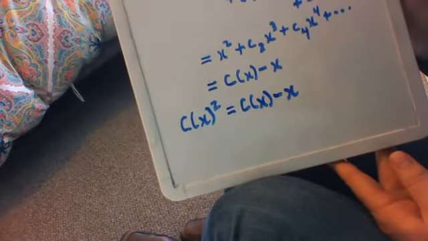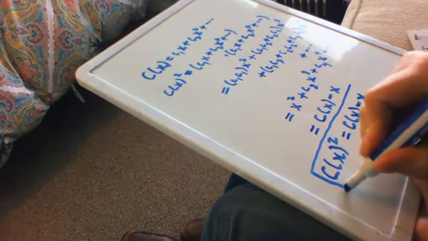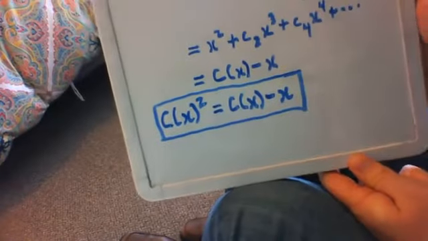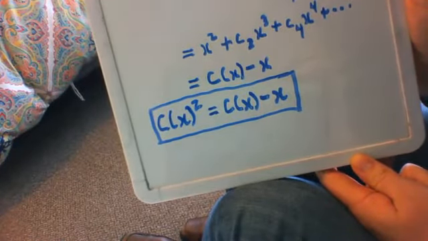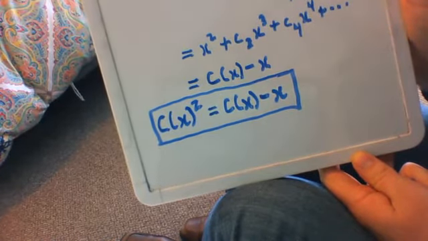And that is remarkable. This identity is really the key right here: the square of the Catalan generating function is equal to itself minus x.